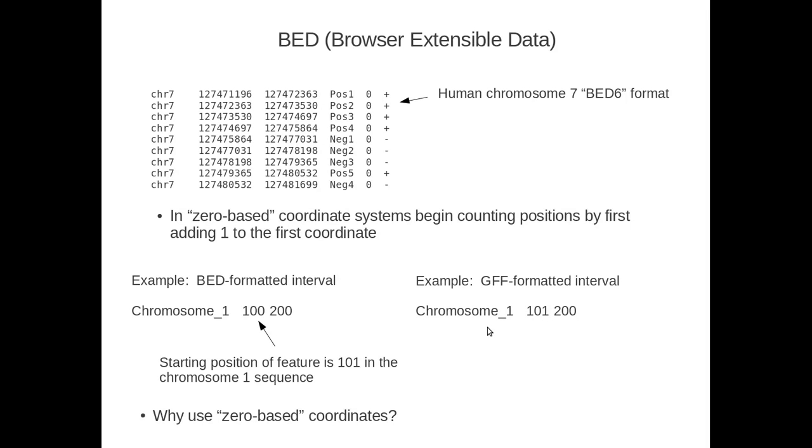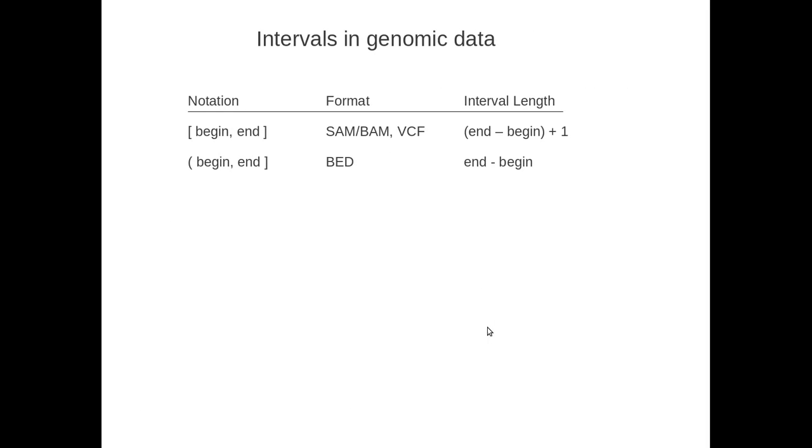So why use zero-based coordinates, you're probably wondering? Well, it all has to do with how we calculate the length of an interval. So for SAM and BAM, VCF, GFF, most of our coordinate systems that we talk about, to get the length, you simply take the end coordinate minus the beginning coordinate, but you need to remember to add 1.